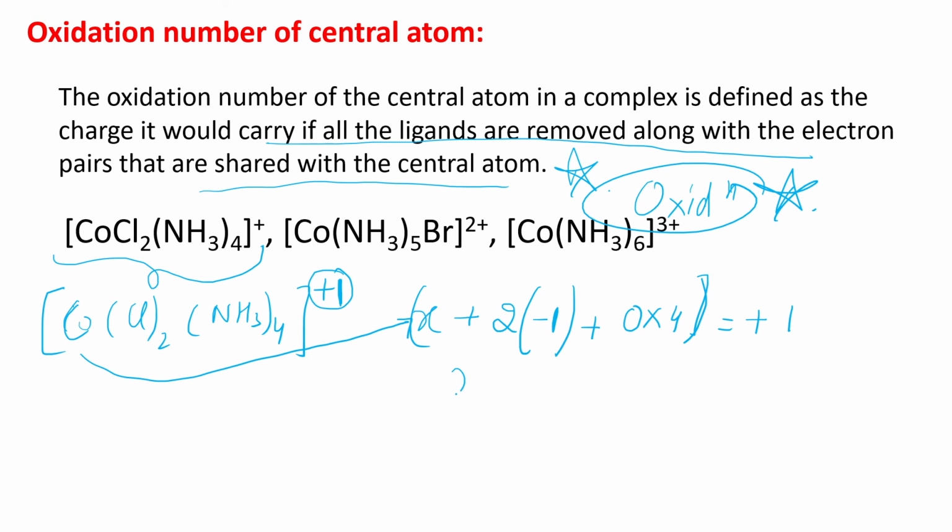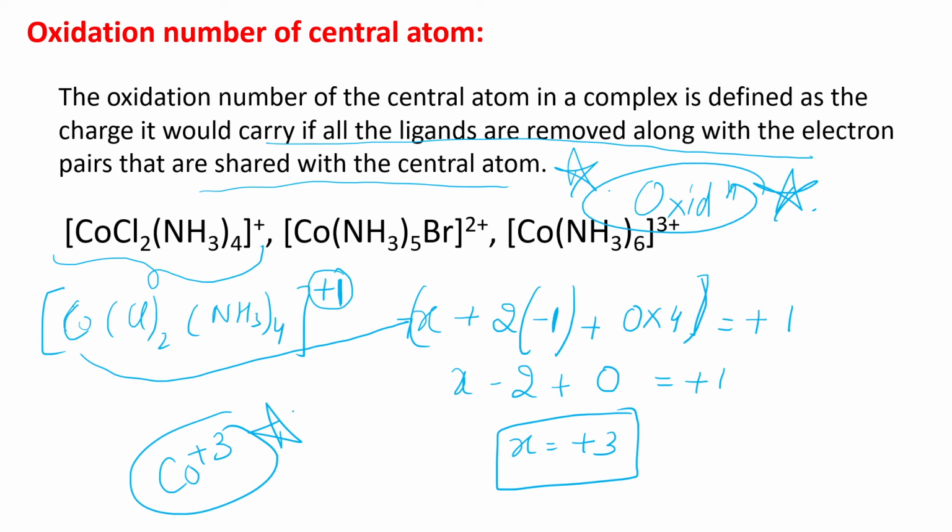Solving this equation, x minus 2 plus 0 is equal to +1. So x is equal to +3. That means the oxidation state for cobalt over here is +3. So please do solve the other example. I'll give you 1 minute and then I'll solve the second one.